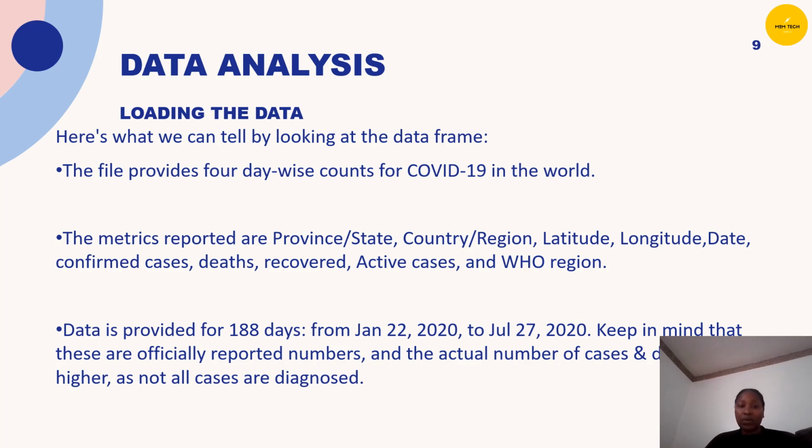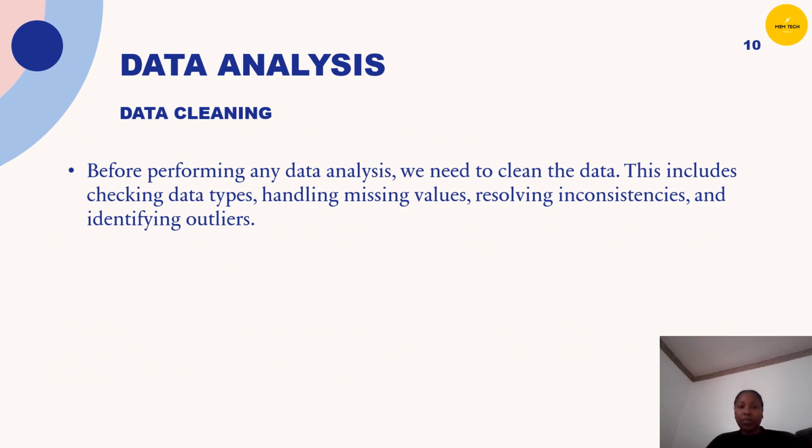So the data is provided for 188 days from January 22, 2020 to July 27, 2020. You have to keep in mind that these are officially reported numbers, and the actual number of cases and deaths may be higher, as not all cases are diagnosed or reported.